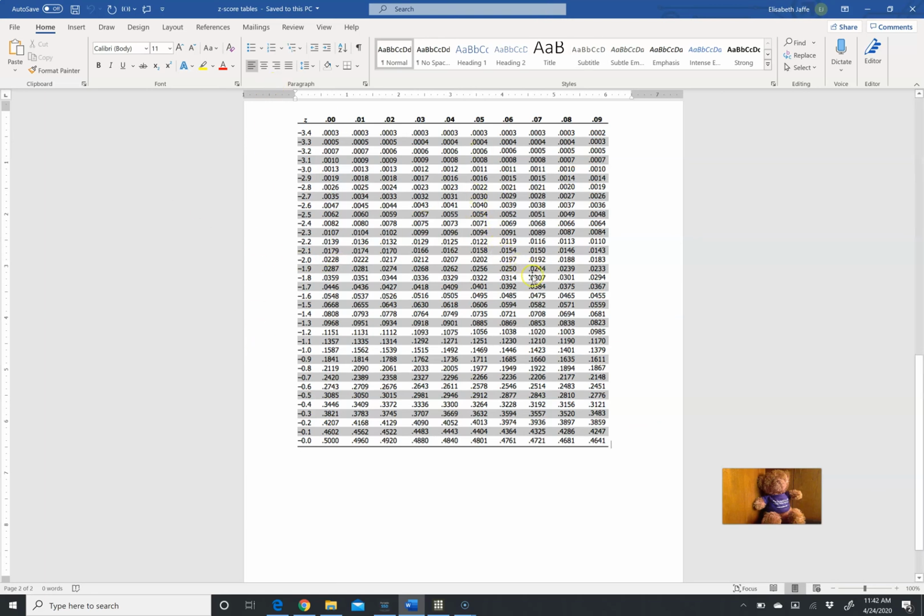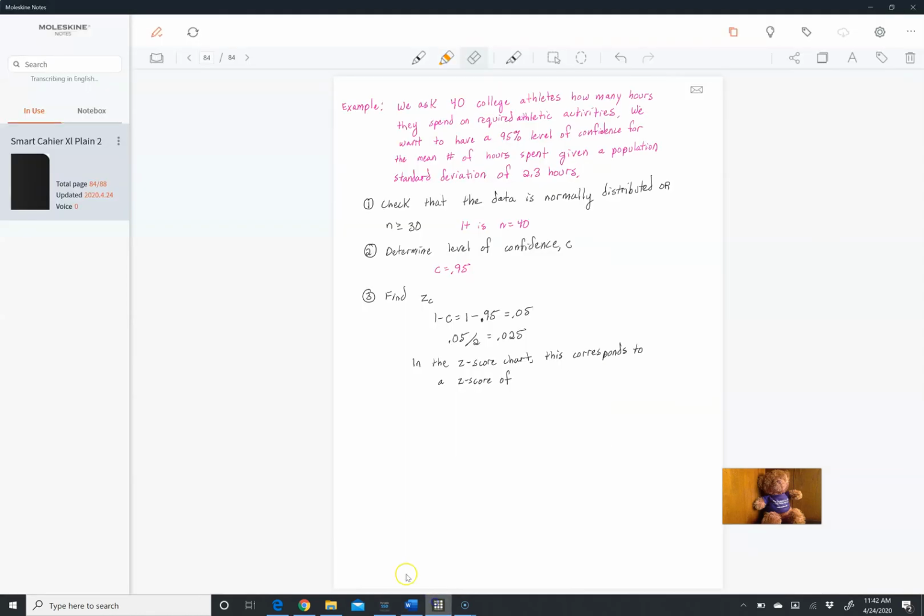It's right here. The row is 1.9 and the column is 0.06, so it's 1.96. Now notice this is negative, but we take the positive. So our z is equal to 1.96.